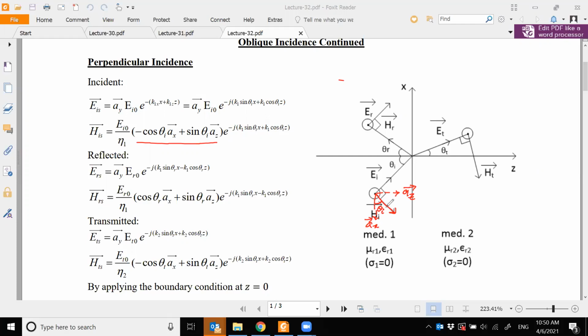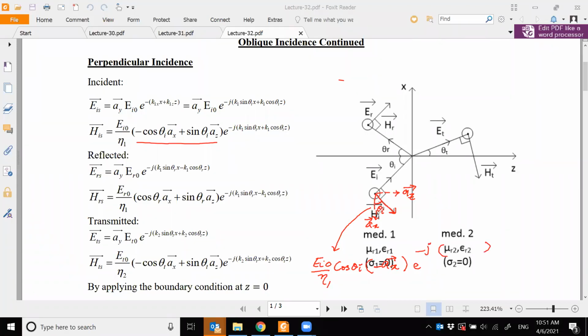So what will be the component of ax? It is EI0 over eta 1 cos of theta I times minus ax e to the power of minus j this.